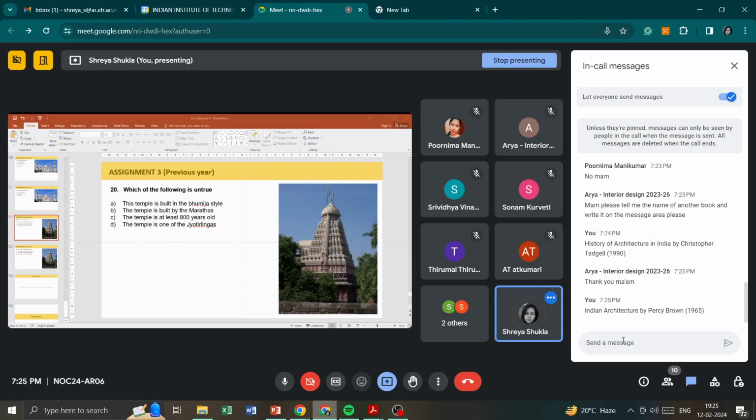These are the two books that have been mentioned by Professor Sohani.